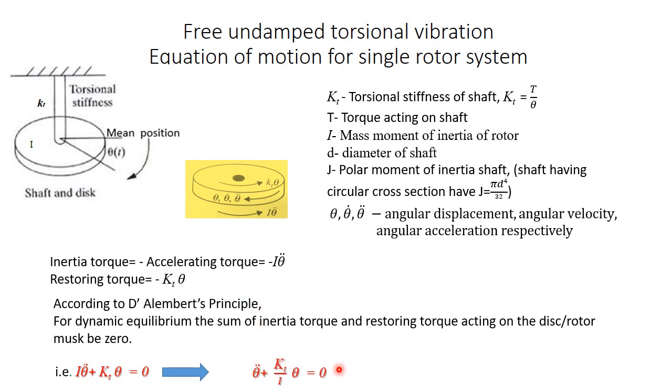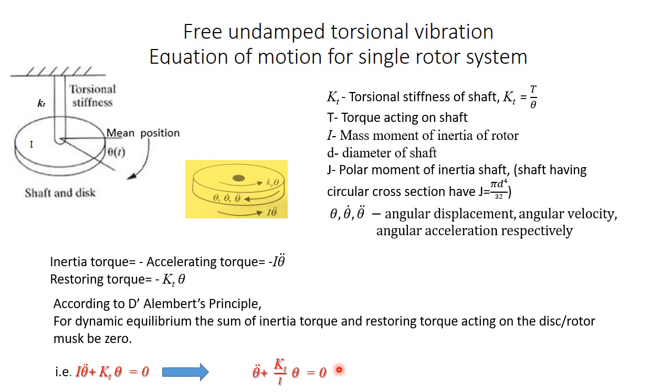We have derived, according to Rayleigh's method, that the general equation for a system having a longitudinal vibration is m x double dot plus k x is equal to 0, or in the other way, x double dot plus k by m into x is equal to 0.